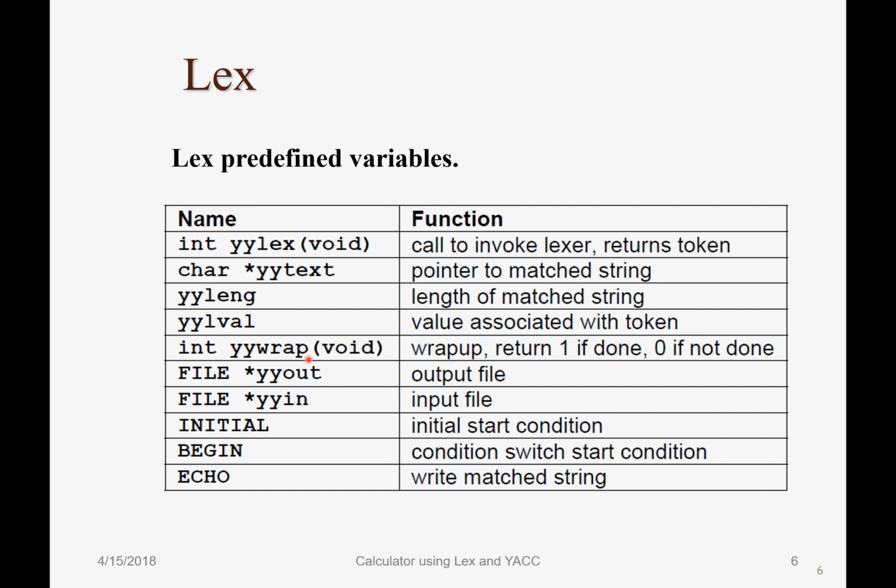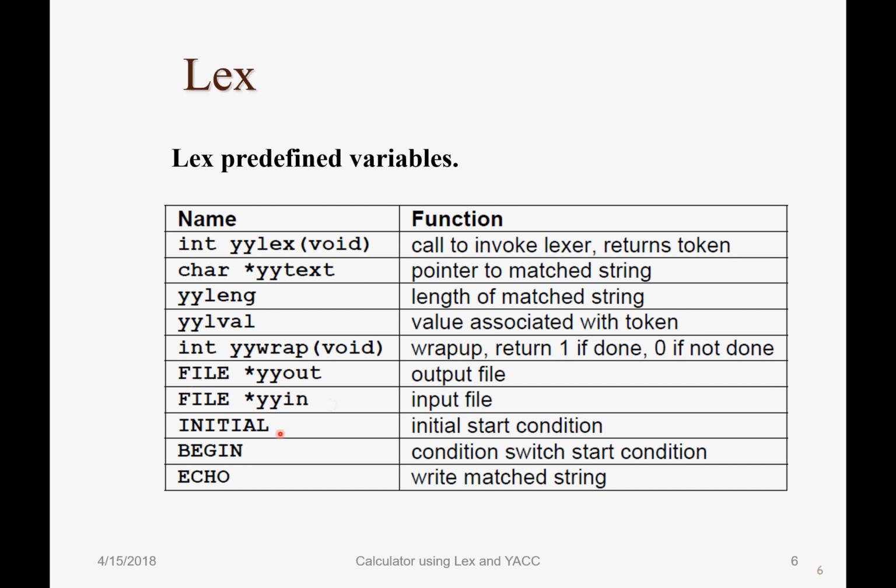Then the yywrap function returns 1 if done and 0 if not done; this is related to errors only. If we are using files, then yyout and yyin are the file handlers, whose data type is FILE.